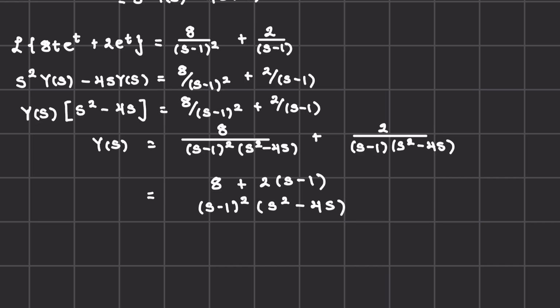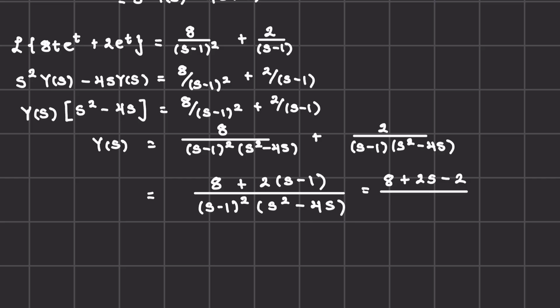Okay, let's simplify this a little bit because this looks terrible for us right now to take the partial fraction decomposition. Whenever we have a fraction whose denominator is factorable, that is our cue to do the partial fraction decomposition. To do that, we have 8 plus 2s minus 2 on the numerator.